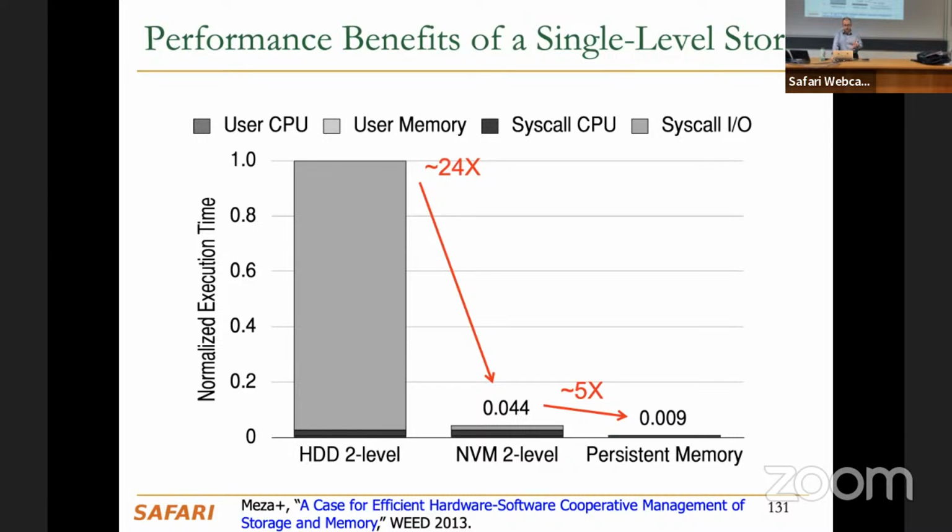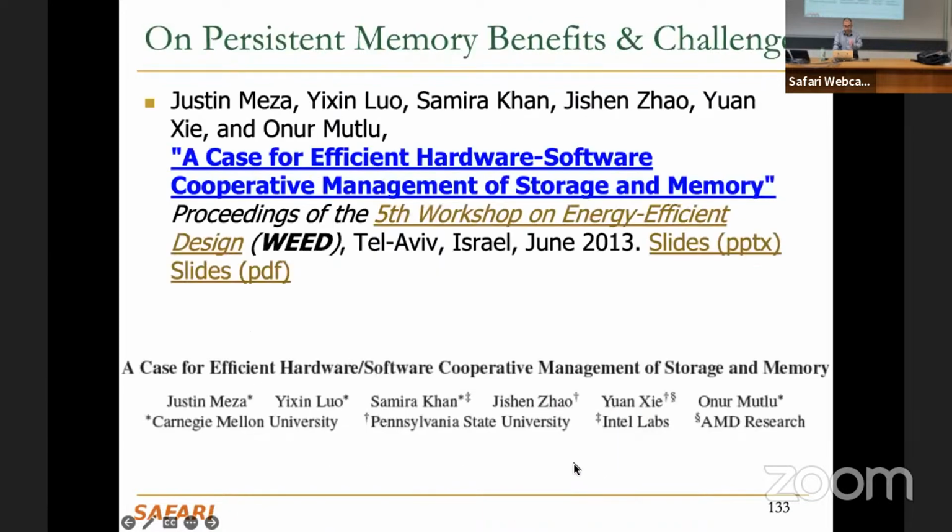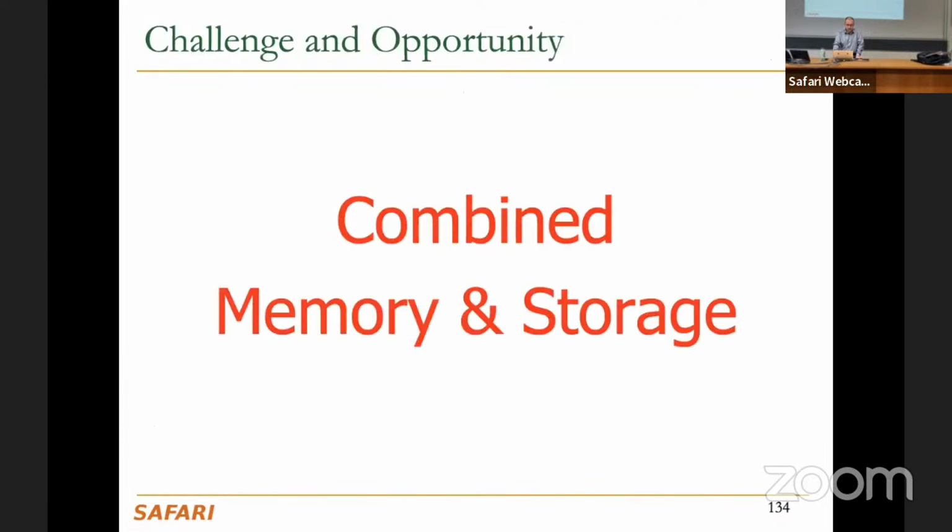So it is orders of magnitude faster access by using flash memory. And in terms of energy, you can also observe quite a great speedup when we use persistent memory. If you want to learn more, you can also check this paper for more detail.